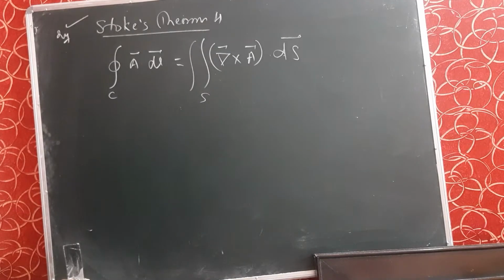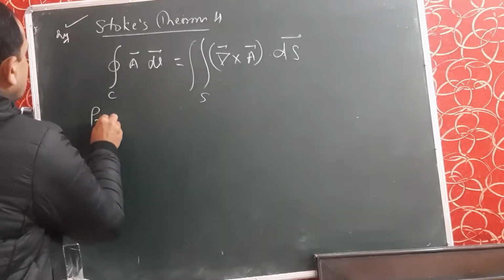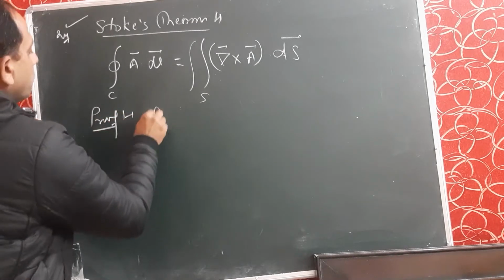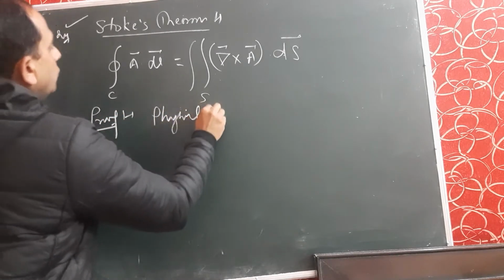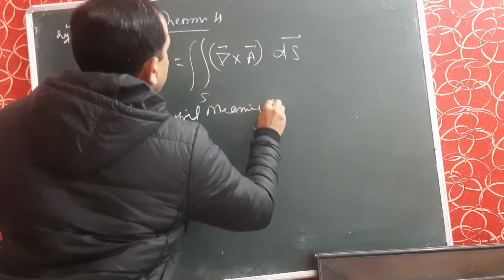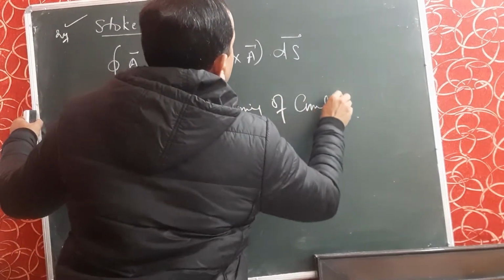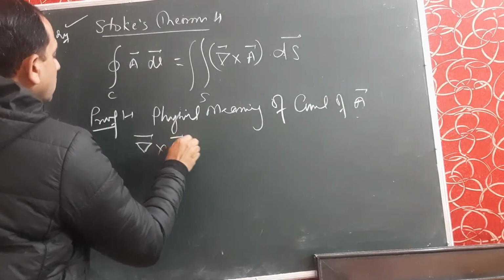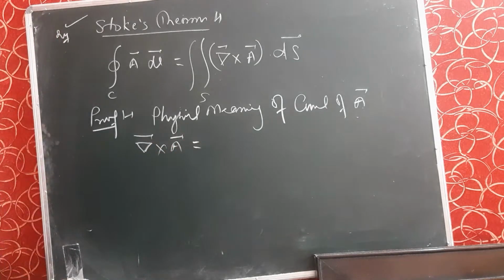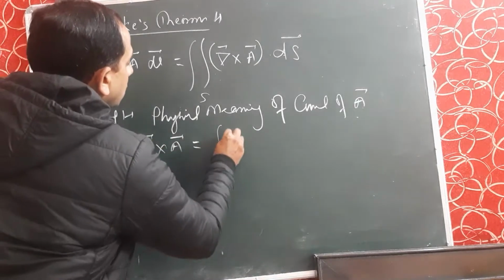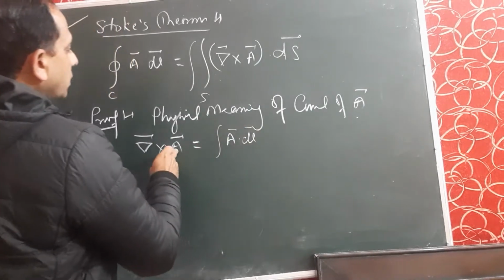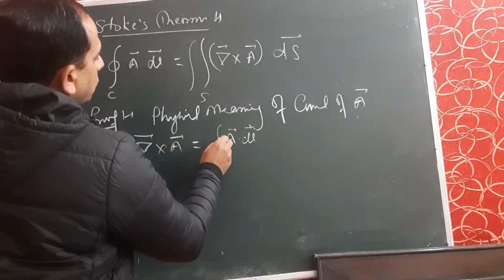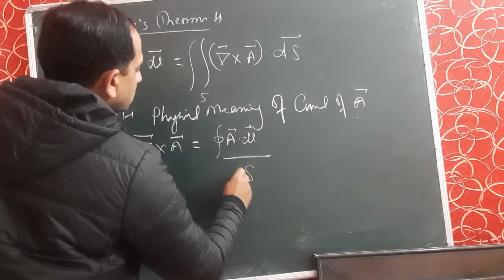Now we will prove it by using the physical meaning of curl of any vector, curl of A. What is this? We know that by physical meaning, curl of A is equal to the line integral of that same vector for closed path over surface area.